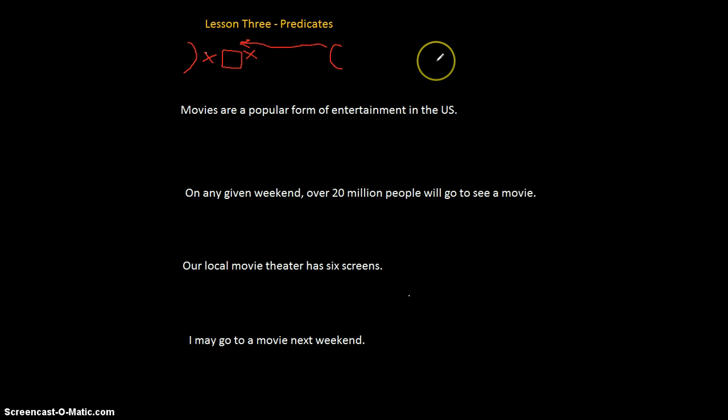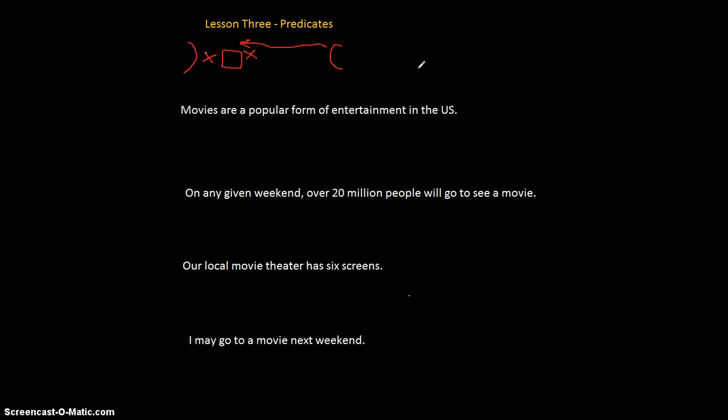So let's take a look at our sentences below, and we'll see how we can use this technique of finding X words, subjects, and shifters to help us find the predicate. That way we know the major parts of our sentence, and later, in Lesson 4, we'll go a little deeper and see more closely how sentences are formed.